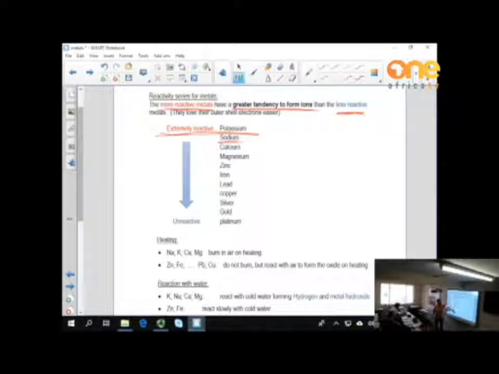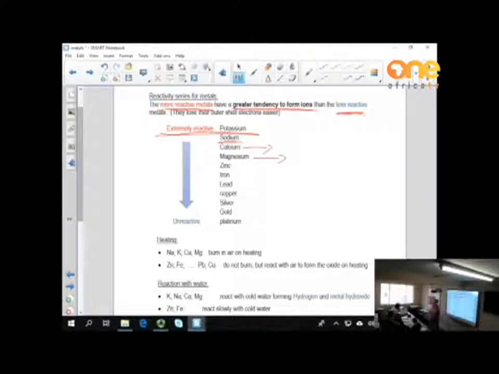And as we go down the board, I can, for example, store a piece of calcium in a bottle or on the shelf, and it won't necessarily start burning. But after a couple of weeks, a white heap of powder will be left. Calcium oxide would have formed. Yes, it's oxidized. Magnesium is also very reactive.